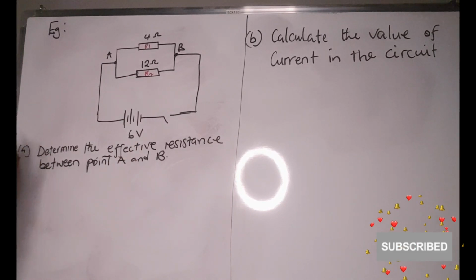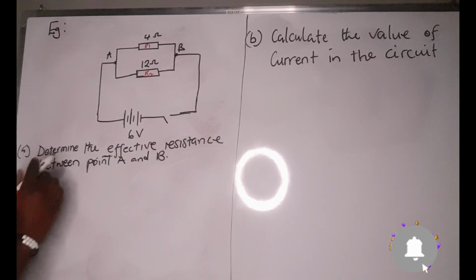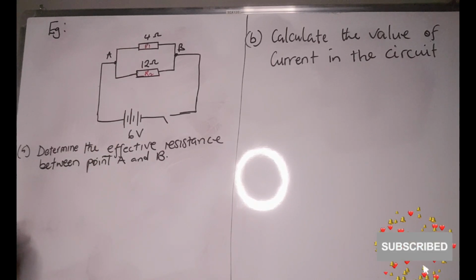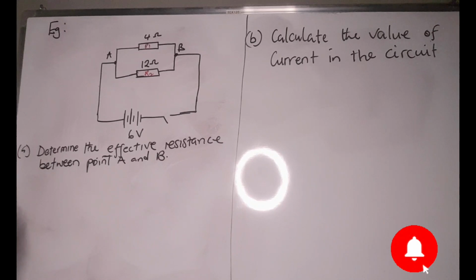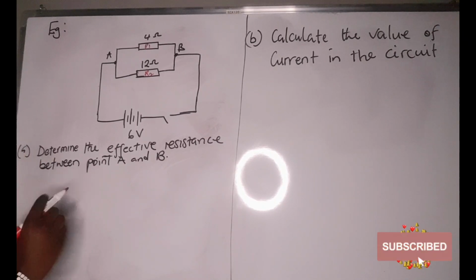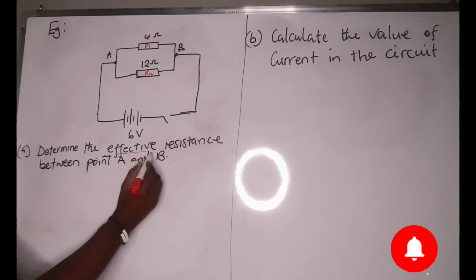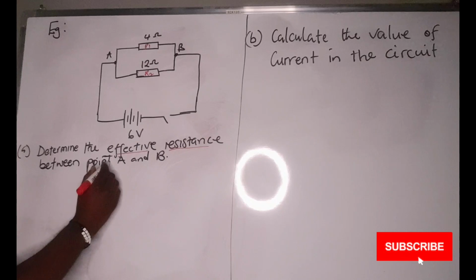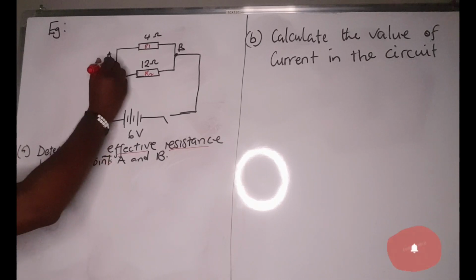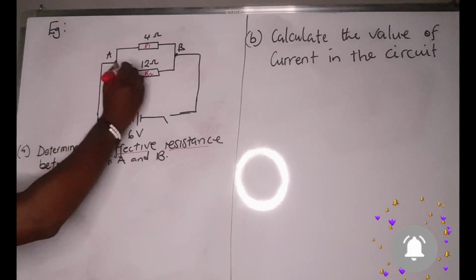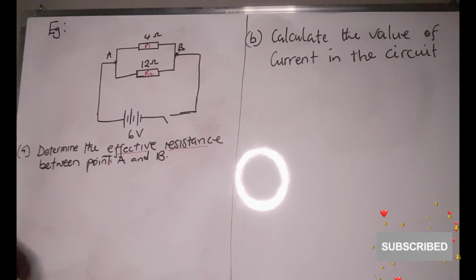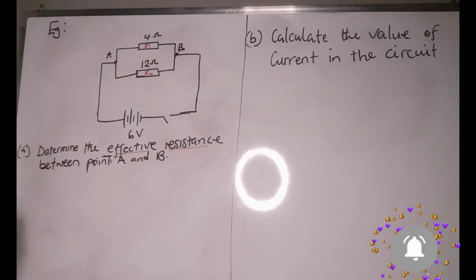They are connected in parallel, they are parallel to each other. The first question is to determine the effective resistance between points A and B. We have our point A there, then we have our point B there. So we are being told to calculate the total resistance.